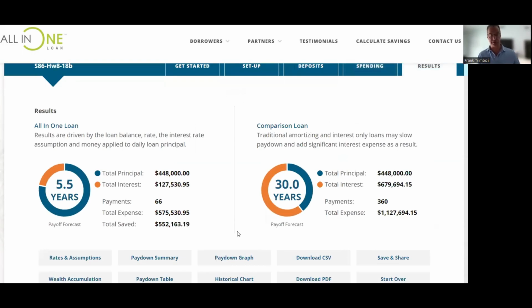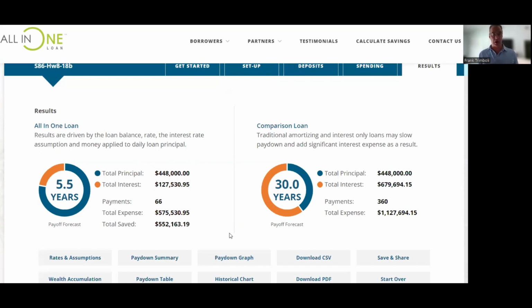Here are the results. Based upon normal traditional mortgage banking, the comparison loan at 7.5%, this client's total expenses are $1,127,000 and change. That is your normal payoff over 30 years on a traditional 30-year fixed mortgage.